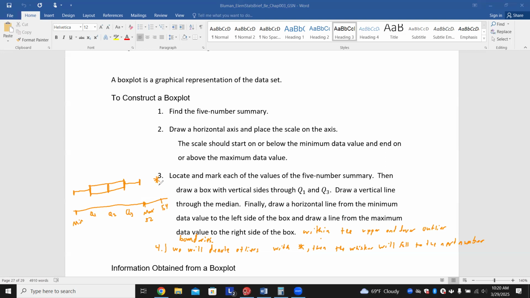So our box and whisker are there, but then that asterisk would represent an outlier that we're kind of taking out of the data set so it doesn't skew what we have here. Remember, our Q1, Q2, and Q3 are not affected by the outlier, but your min and max are. So we can bring that whisker back in to make it not look so drawn out.